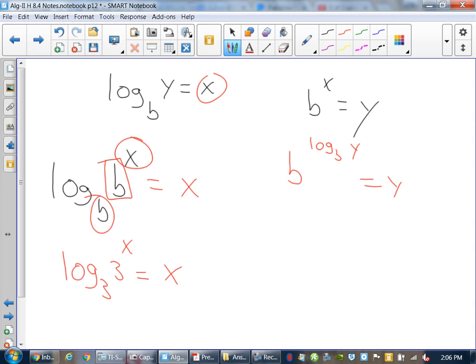Okay, so what happens there is that they undo one another. So that very first problem, where it was 5 to the log base 5 of x: this 5 is a base. The logarithm has a base of 5. They're the same, which means they undo one another, and your answer would have been just plain old x.